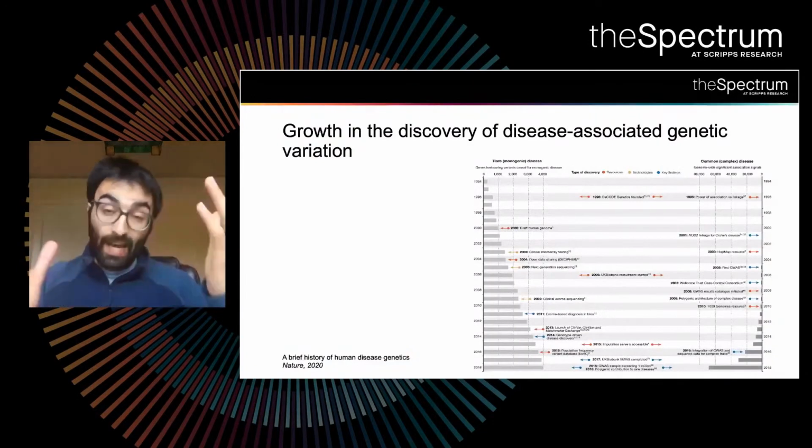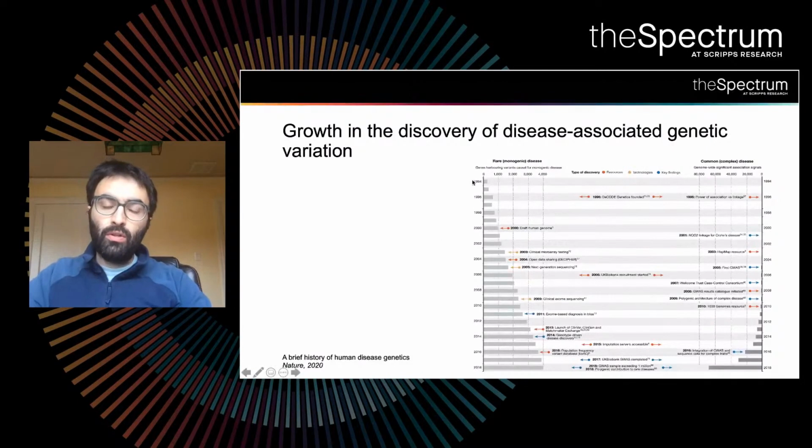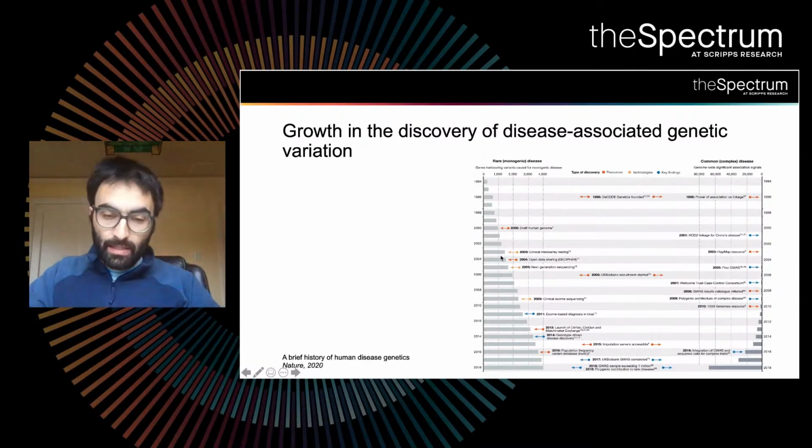Earlier last year, there was a review of the current state of human genetics research that was published in Nature, which very nicely showed how over time we started to gain more and more understanding of the genes that cause diseases. On the left side, you see that from the mid-90s, we started to pick up on genes that tend to cause rare diseases.